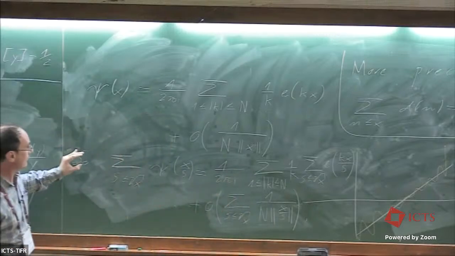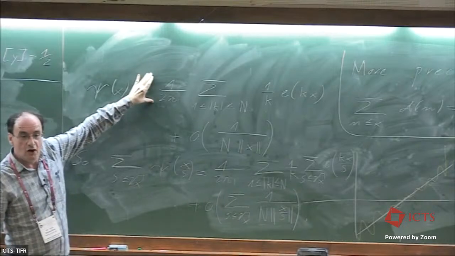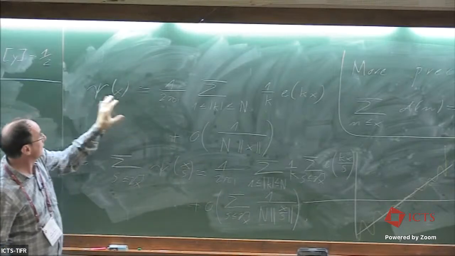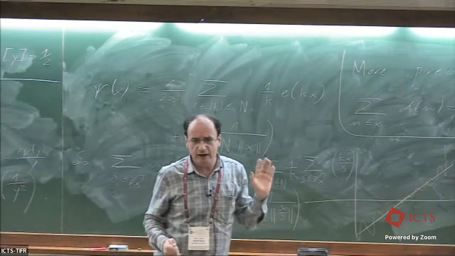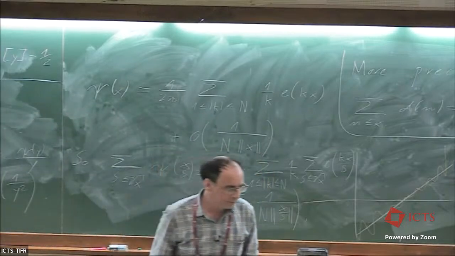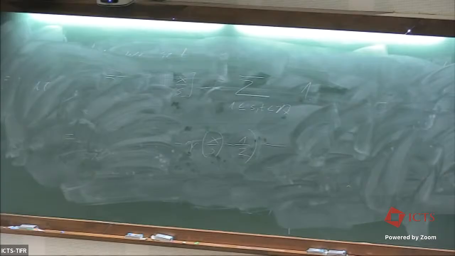But there are better ways than this naive way of Fourier approximating this psi x. A very nice tool is Vaaler's theorem. The error term will come from that here. I'm just rewriting that using the exponential function. This is from the approximation of the psi function.